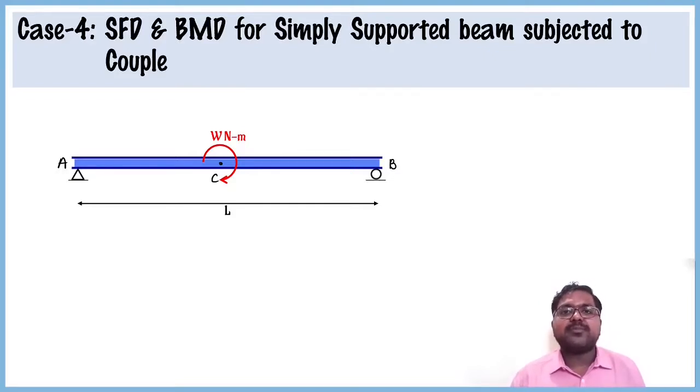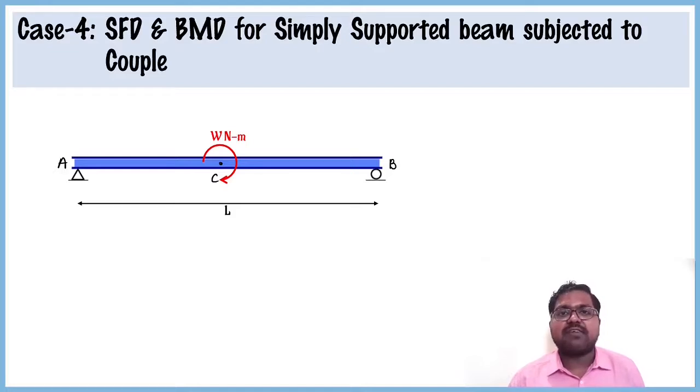Generally, a couple is a special kind of case where there are no vertical or normal forces acting on the beam. So we are not having any shear force, but this couple will create reaction forces in the supports. So we will take those reactions at the supports for shear force, and the couple will carry bending moment.